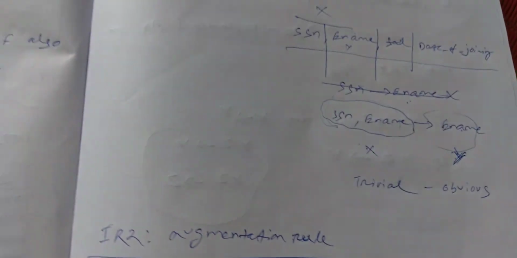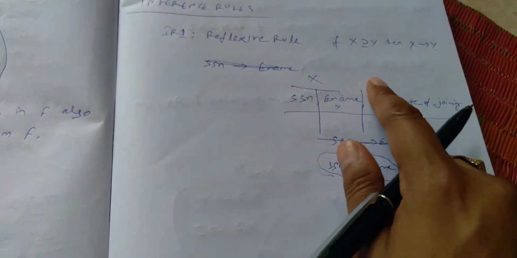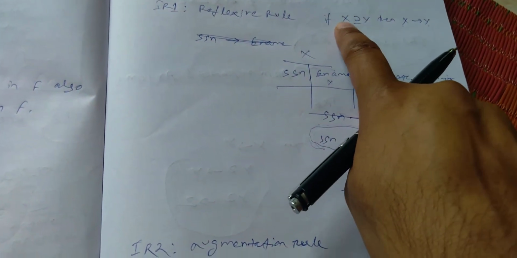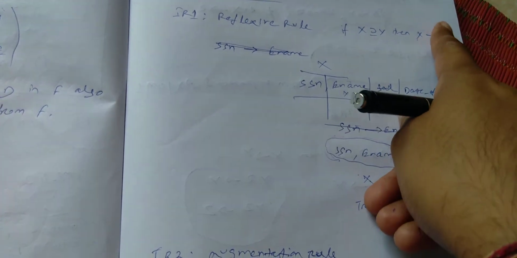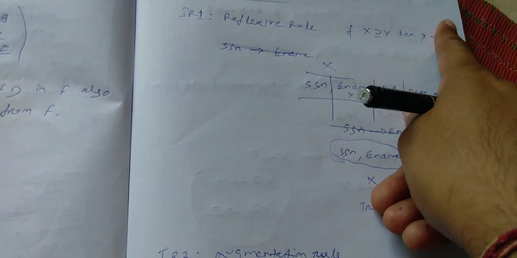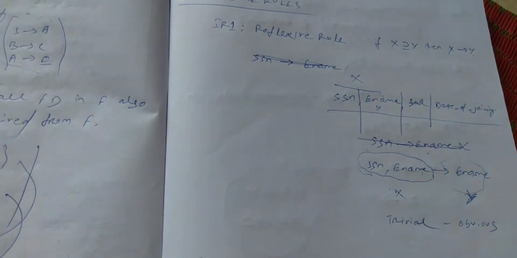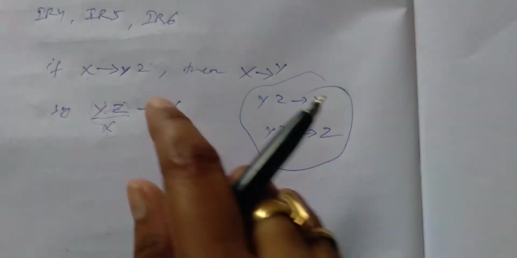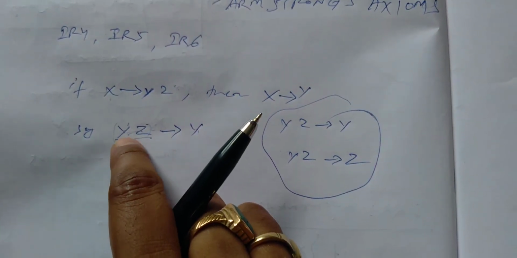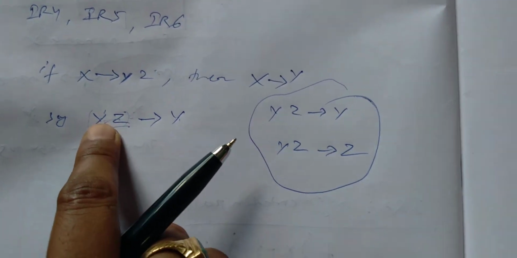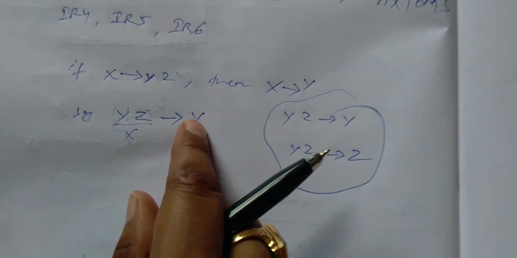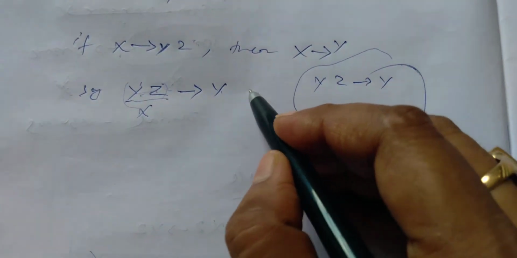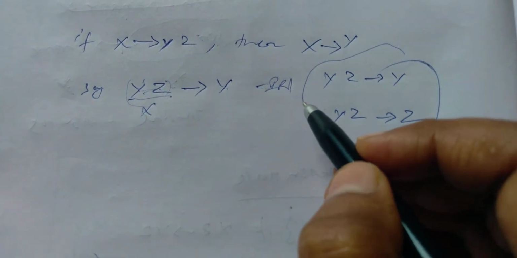Reflexive rule says if y is a subset of the left side, then this will be true. So you are using here reflexive rule 1.